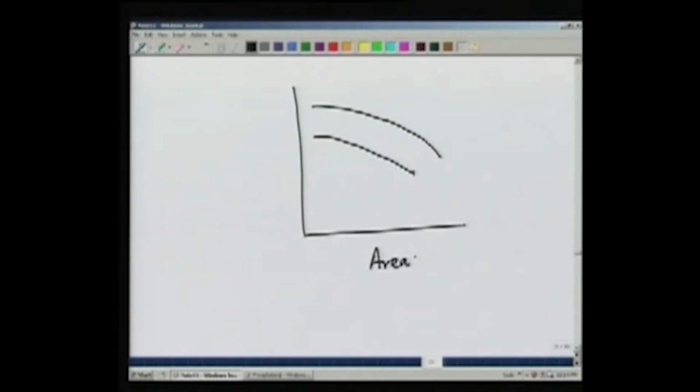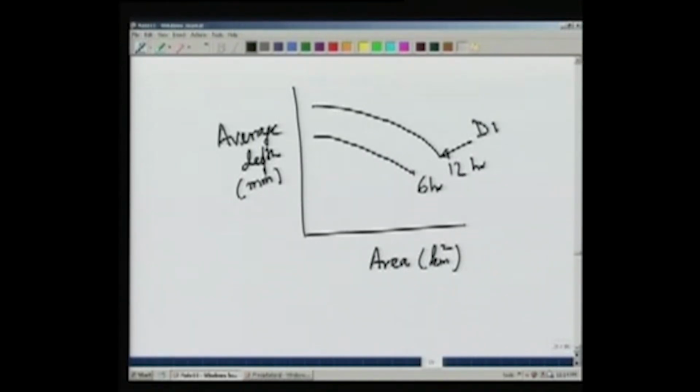This is the area which may be in kilometers square, and average depth of rainfall which may be in millimeters or centimeters, and this will show the duration of rainfall which may be 6 hours, 12 hours and so on. So this is the duration.